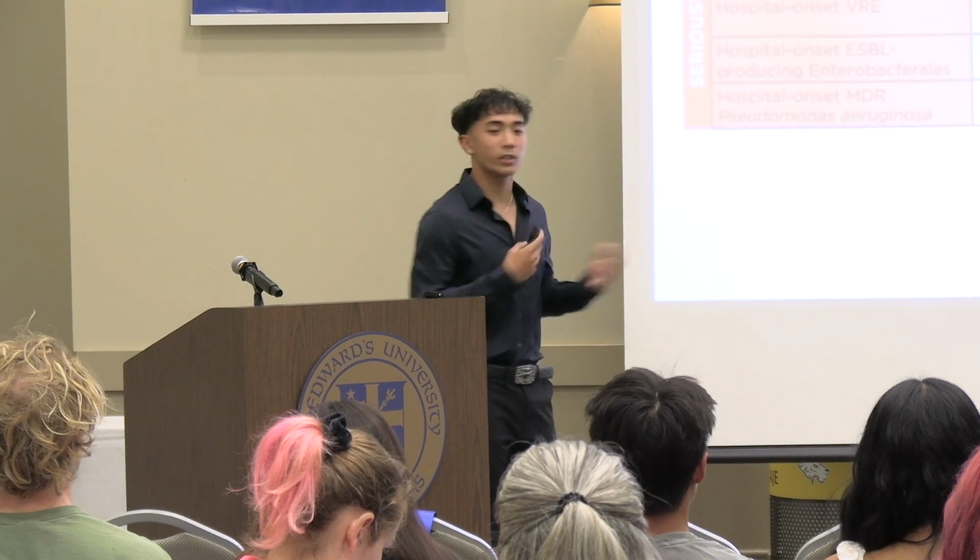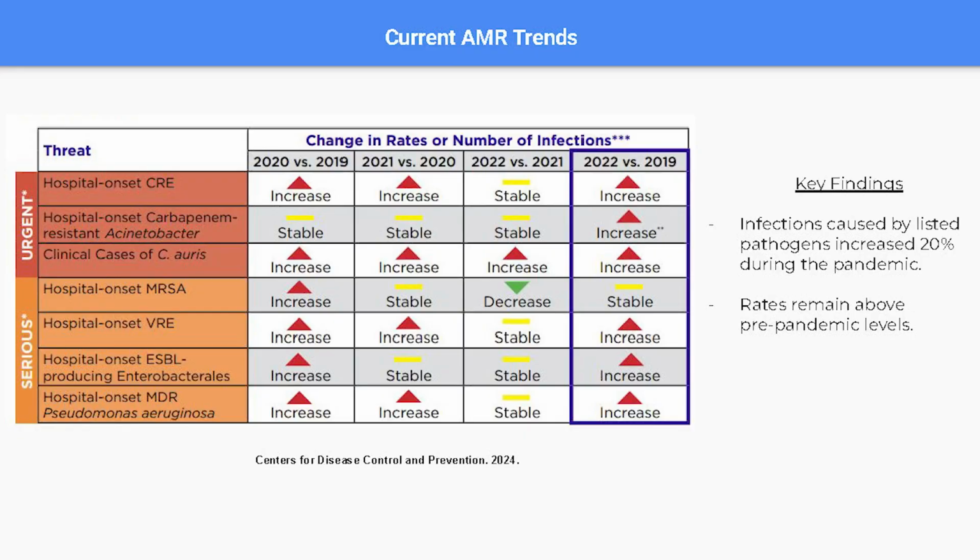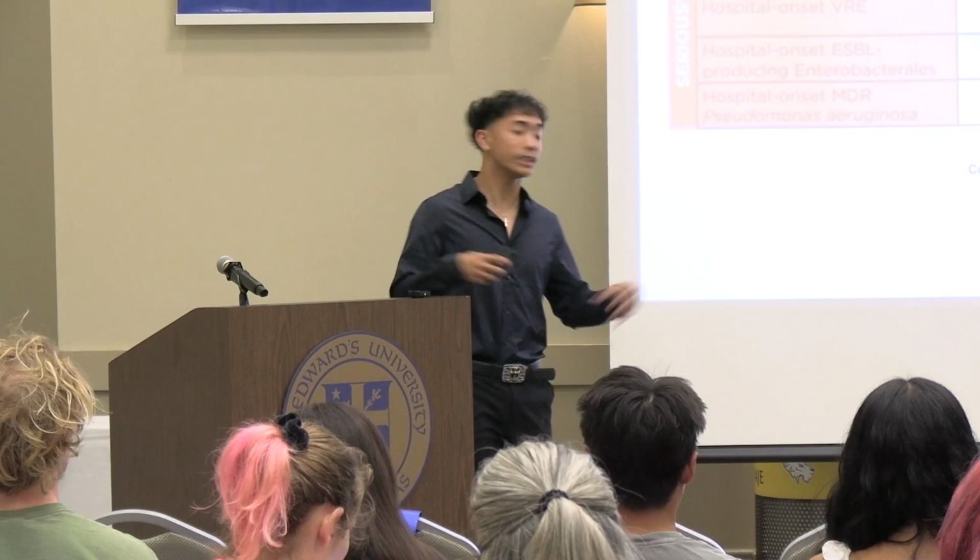I also want to touch on some current AMR trends. Everyone knows about COVID, and we saw that during 2020, after COVID, AMR saw a big increase within its burden. This is a table given by the CDC where they highlighted 7 common resistant pathogens found in hospital clinical settings.